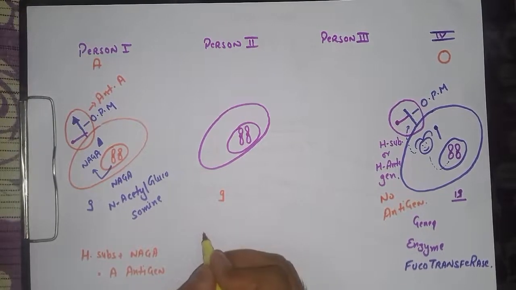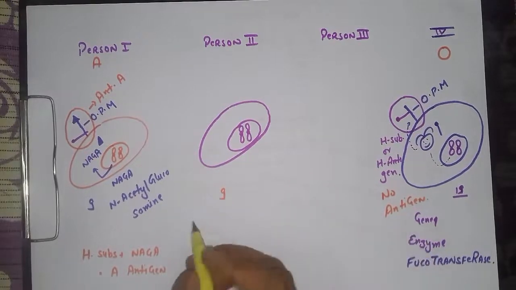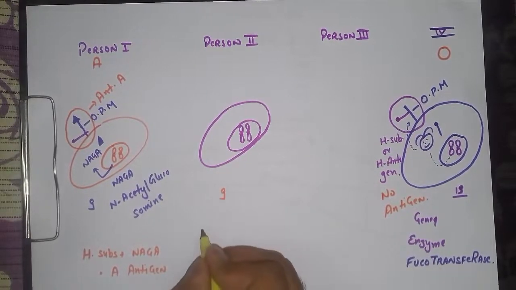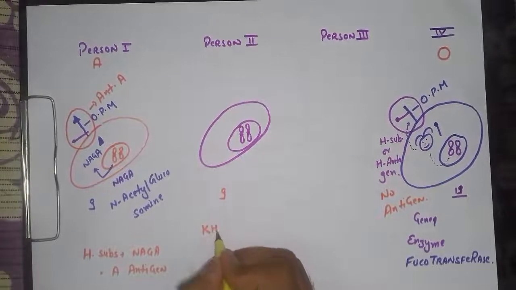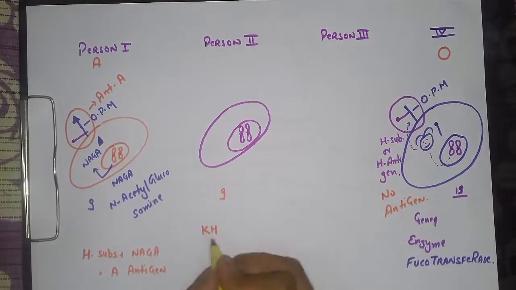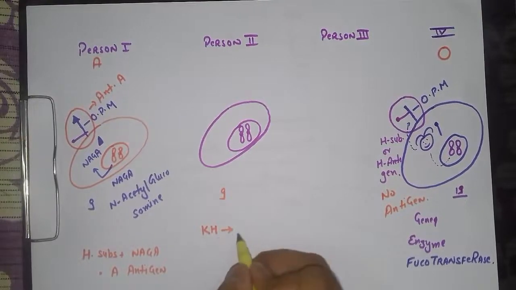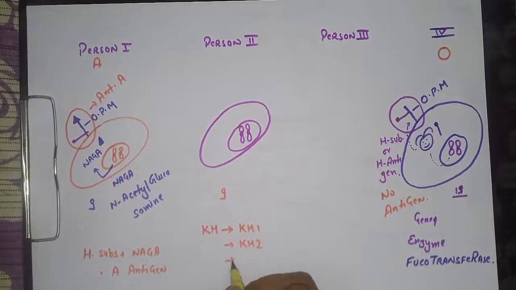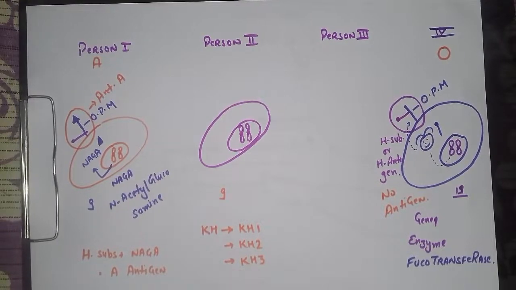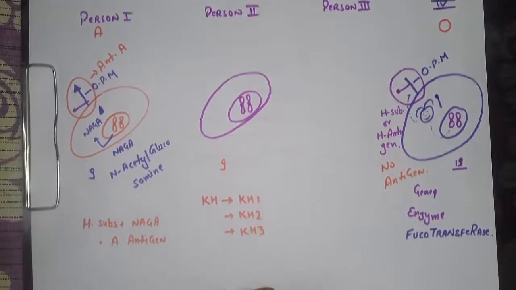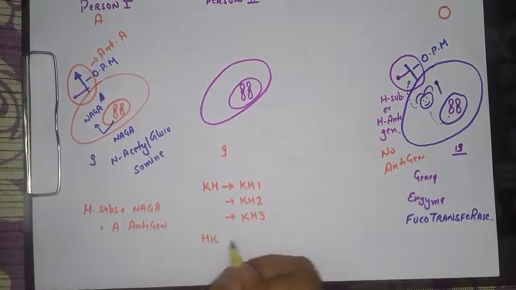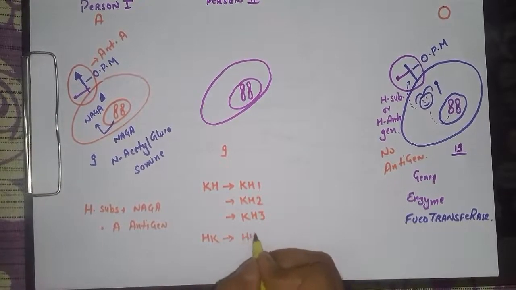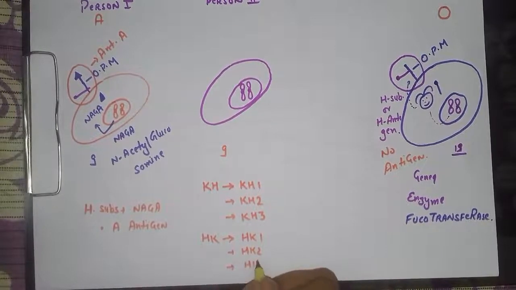Suppose there is, I am only giving an example, this is not a real gene, suppose there is a gene known as KH. It may have alleles as KH1, KH2, KH3, or you can say there is a gene known as HK. It will have alleles as HK, HK2 or HK3.